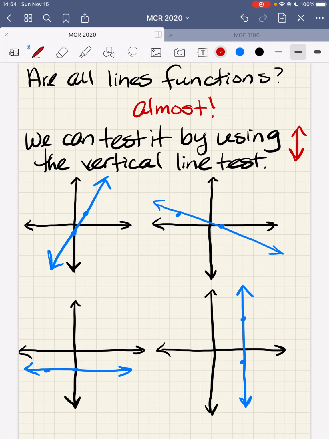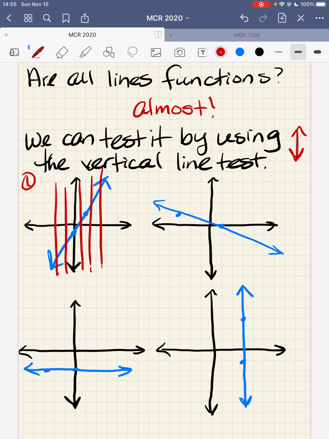Okay? So if I take graph 1 here, and I go ahead and draw vertical lines, each of these vertical lines I'm drawing only intersects my graph at one point.